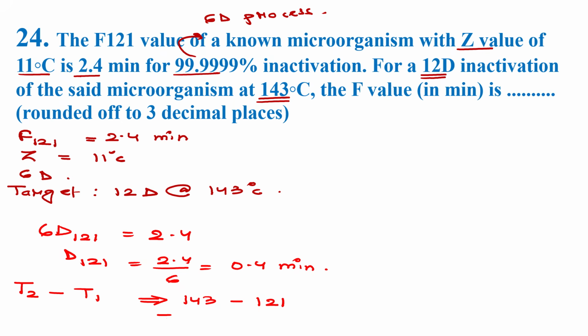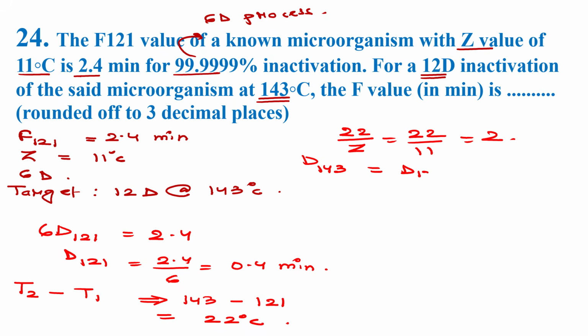Just divide this 22 by Z. We'll get, Z is 11 degrees, it's 2. So with each rise of 1 Z, it reduces D by a factor of 10. That means D at 143 is equal to D at 121 by 10 raised to 2. D at 121 we calculated as 0.4, by 100.